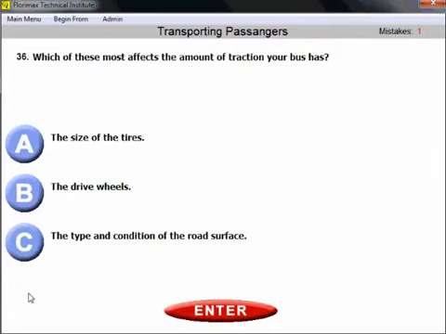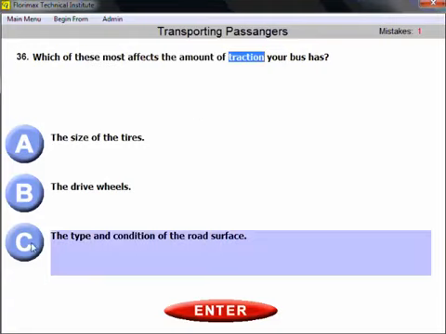Question 36. Which of these most affects the amount of traction your bus has? You remember traction, that's something which exists between the tires of the vehicle and the road surface. And as a result of that, this logical assumption is the correct answer: the type and condition of the road surface.